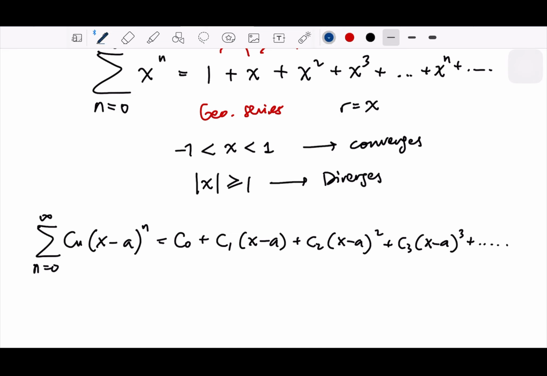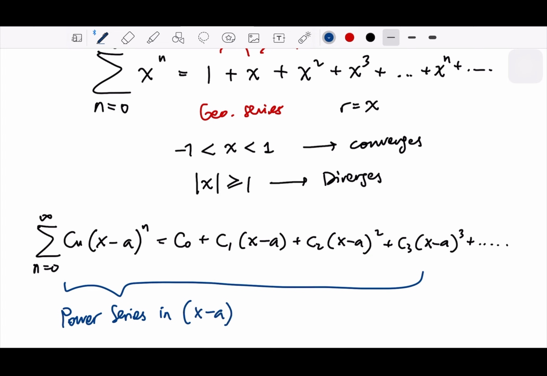This is called a power series in x minus a, or a power series centered at a.